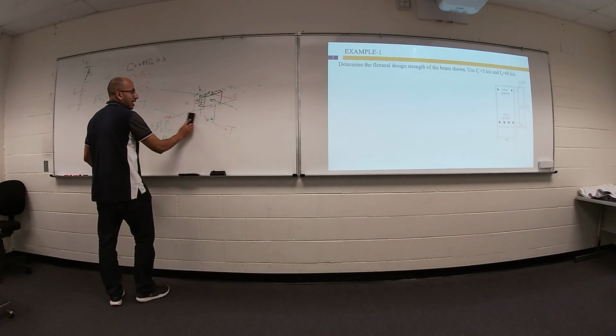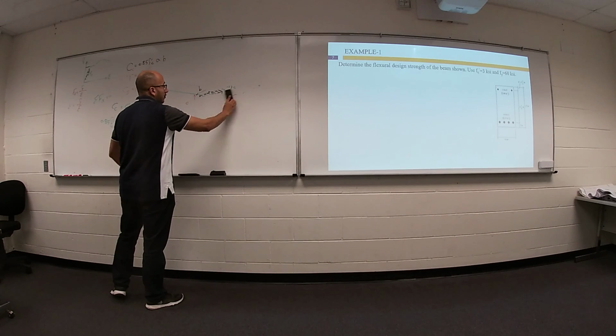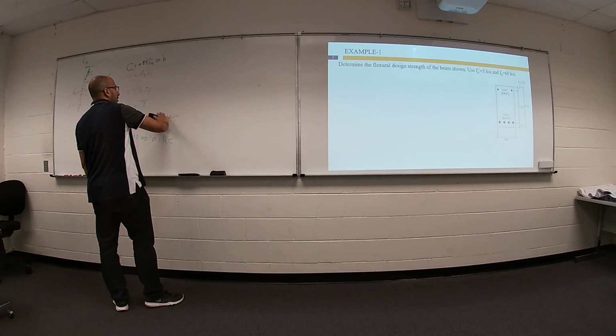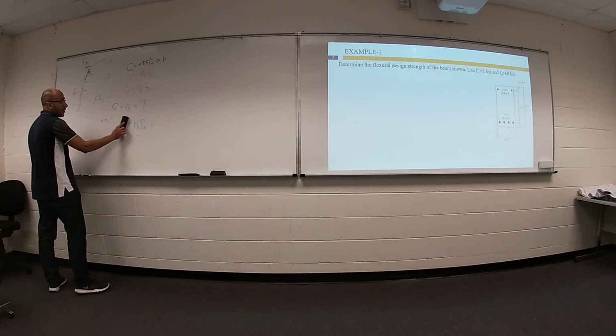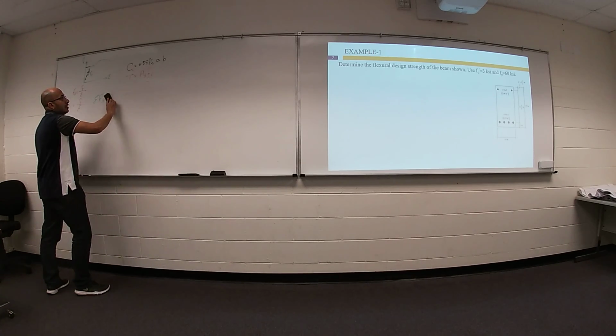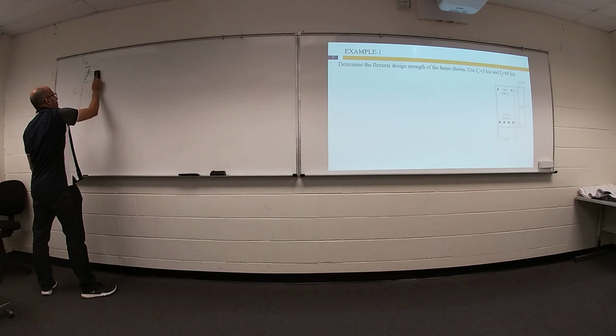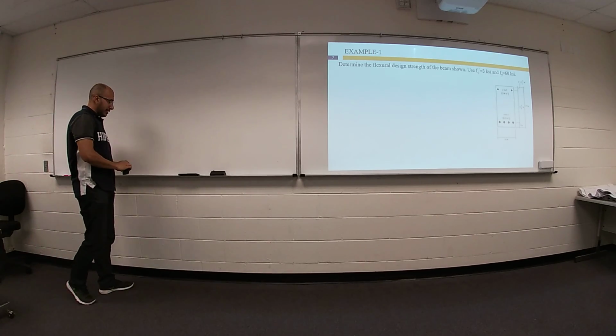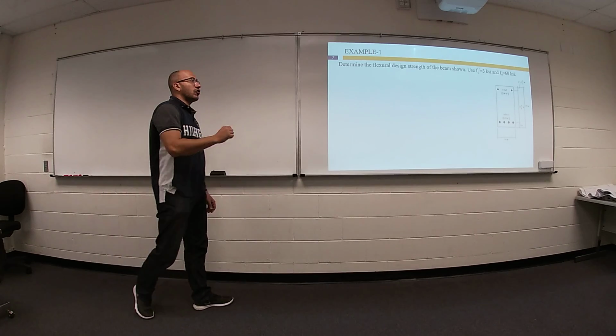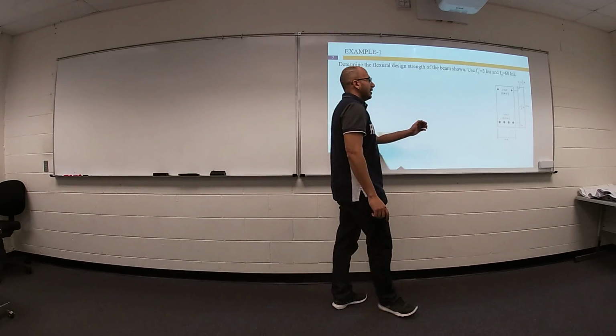In real life, we don't like compressive reinforcement. We don't like double reinforced sections. We don't like this kind. But sometimes you have limited depth of concrete, so we need to compensate for this limited depth of concrete by compression reinforcement.